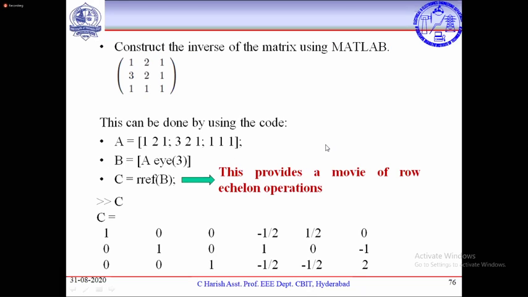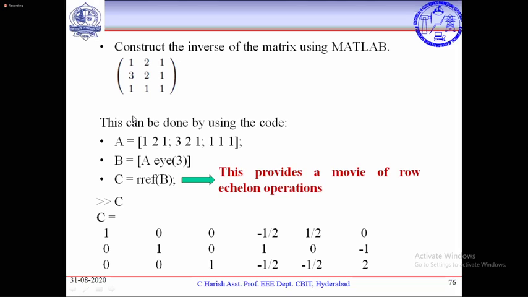Now we have another command called rref, reduced row echelon form. It is used to construct the inverse of the matrix using MATLAB. Here, if I take 1 2 1, 3 2 1, 1 1 1, this is the question: find the inverse.